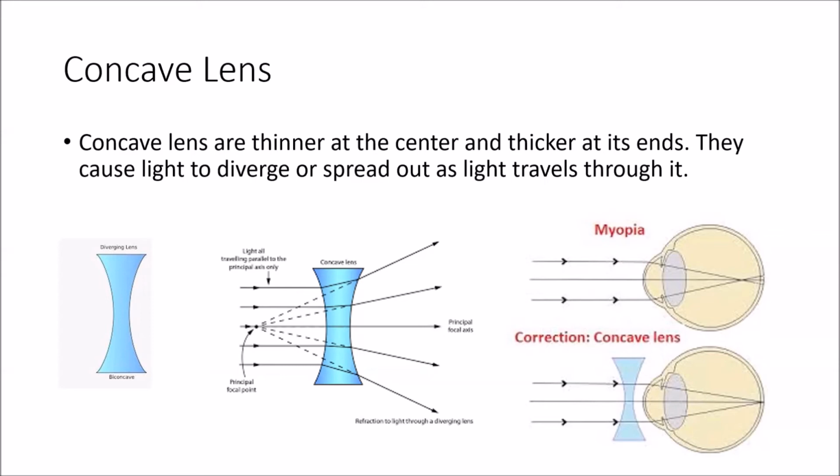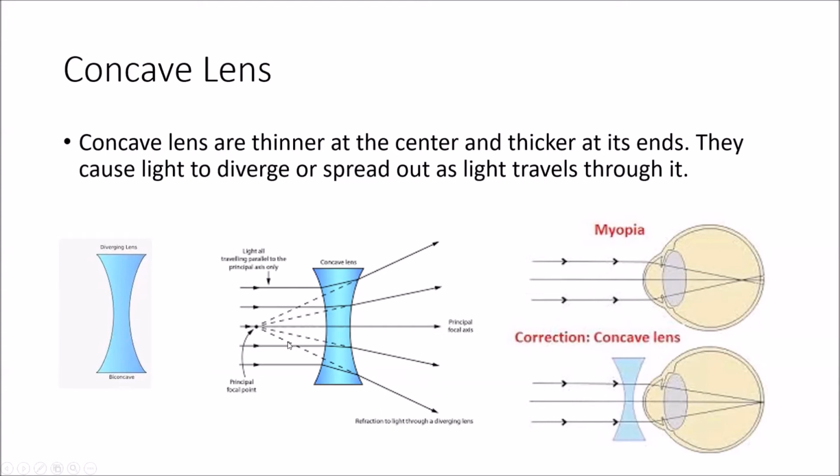With a concave lens, it's basically thicker at the ends and it's going to be thinner at the center. So this shape right here, this is how a concave lens looks. This is very important for you guys to remember. And remember I said that as light passes through this concave lens, it's going to cause that light to spread out.